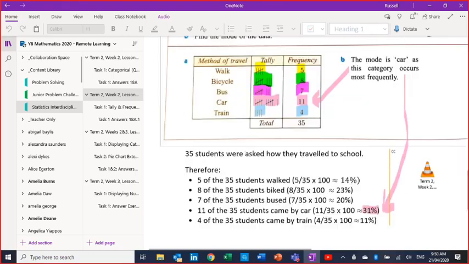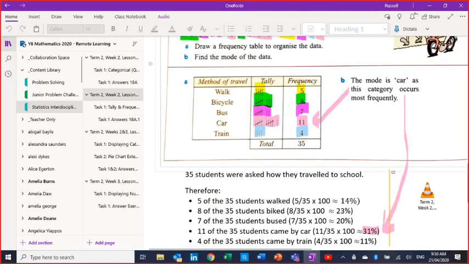Now, what if I had 11 for car and 11 for walk? That would mean I have not just one mode, but what? 2, exactly. Good. What if every single number had been 3 all the way down?